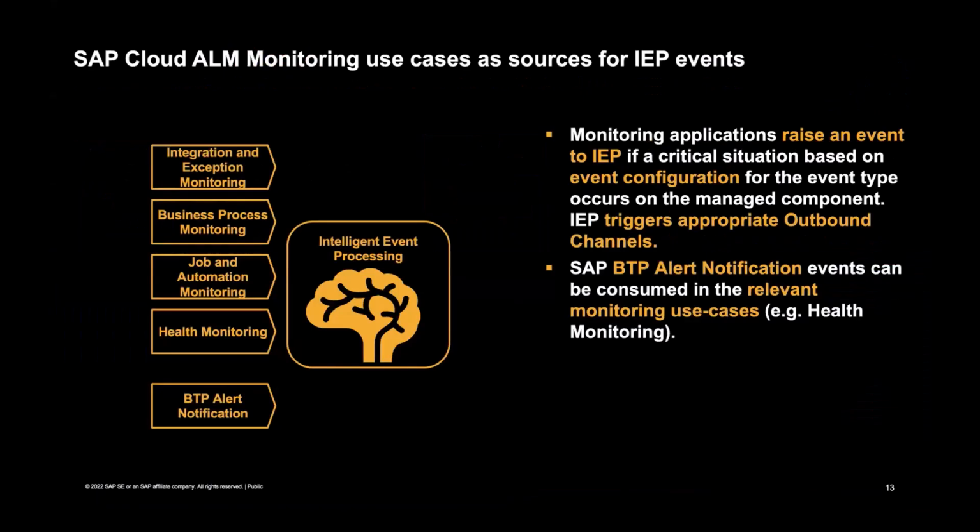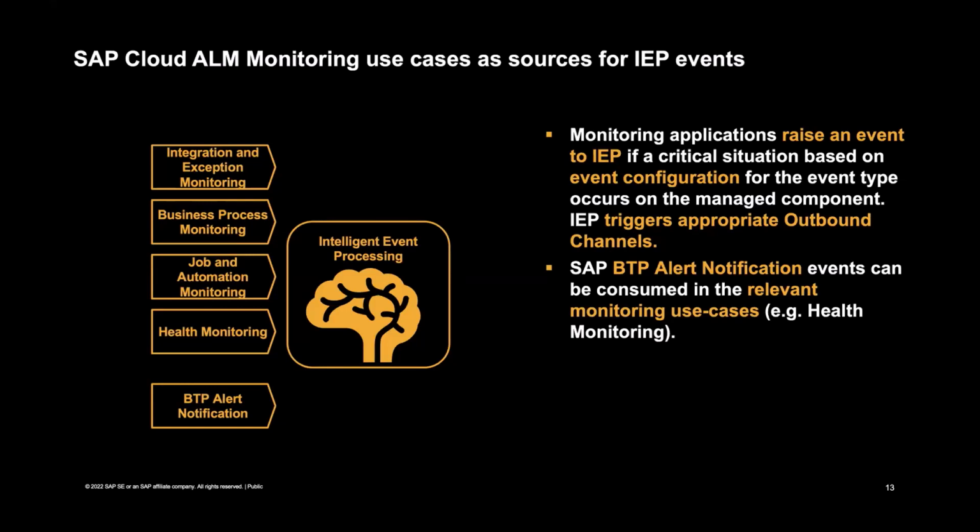Which event sources are available for the intelligent event processing in Cloud ALM so far? Those are the four monitoring use cases which are already live and creating alerts in Cloud ALM: integration and exception monitoring, business process monitoring, job and automation monitoring, and health monitoring.